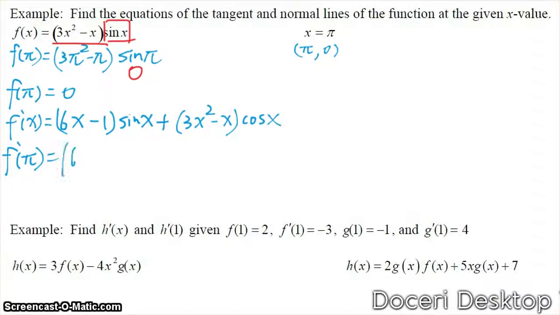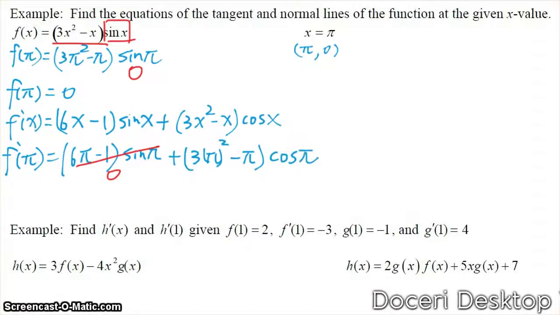So 6 pi minus 1 sine pi equals 0, so the whole thing becomes 0 right here, plus 3 pi squared minus pi cosine pi. Cosine pi equals negative 1. So if we multiply it out, it would just be this whole thing right here, 3 pi squared minus pi.